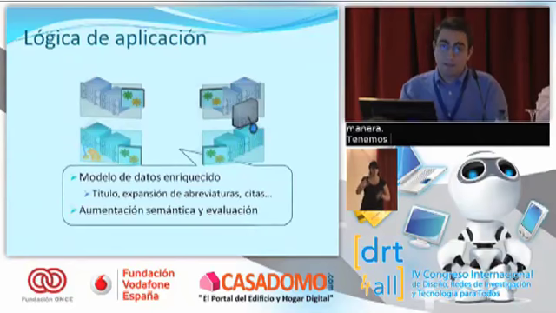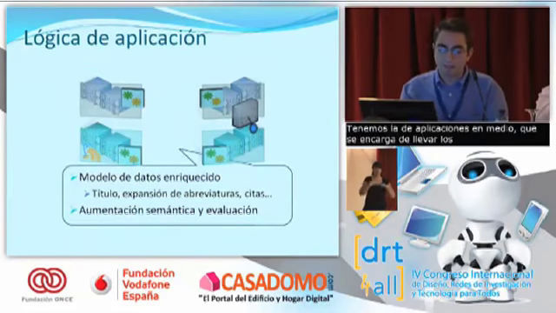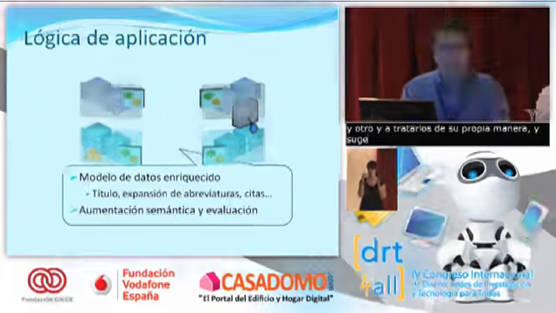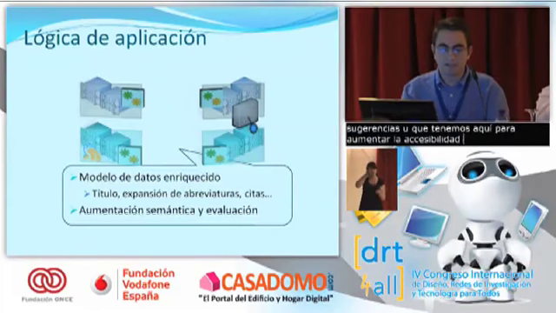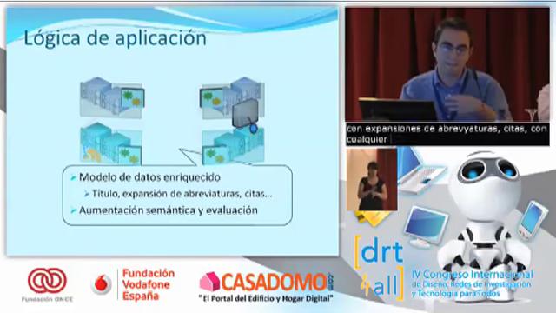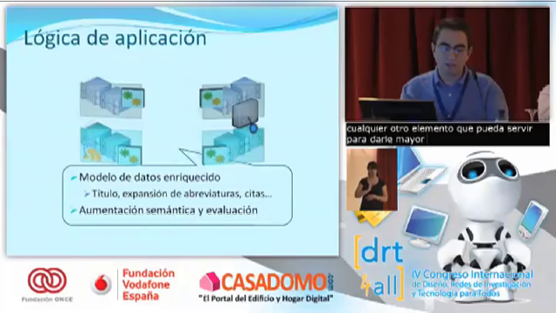We also have the application logic in the middle that sends messages from one side to the other, and also suggestions to improve accessibility and enrich this data model that has semantic metadata with titles, with an expansion of the abbreviations, with quotes, any element that could give greater richness to the data behind all of this.